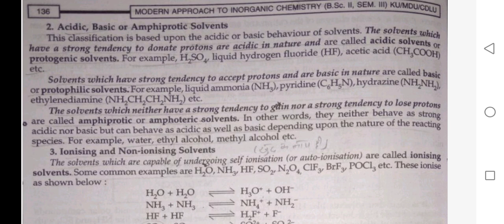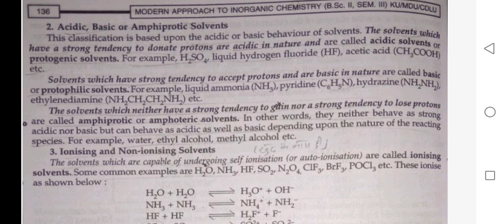For example, H2SO4, liquid hydrogen fluoride, acetic acid, etc. Solvents which have a strong tendency to accept protons and are basic in nature are called basic or protophilic solvents. For example, liquid ammonia, pyridine, hydrazine, ethylenediamine, etc. The solvents which have neither a strong tendency to gain nor a strong tendency to lose protons are called amphiprotic solvents.